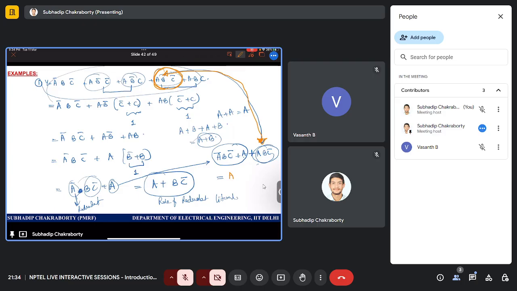Try to leave A as it is and take B C bar common. Then A plus A bar will give you 1, which is nothing but A plus B C bar, which is the same as this. So without even using the rule of redundant literal, you can just use the law that if you add similar terms from the expression to the reduced term, the result remains the same as y.